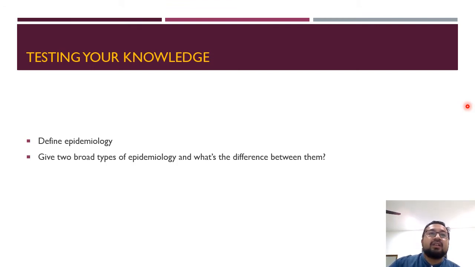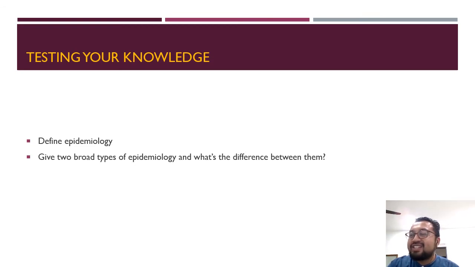Okay, give two broad types of epidemiology and what's the difference between them. Okay, saya nak tanya Elisha. Nak jawab ke? Nanti dulu, kita jawab dulu soalan yang saya bagi ni.